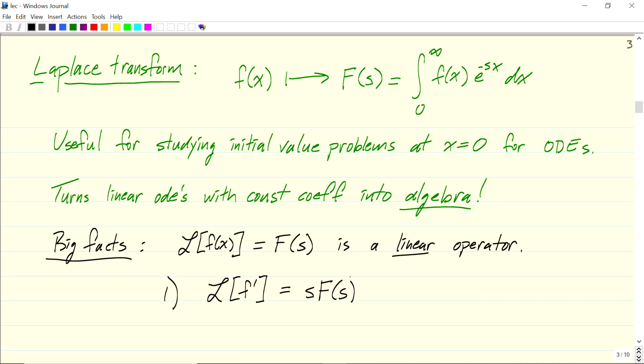And if there's an f prime there, it's irresistible to do integration by parts. You do integration by parts, think about it a little bit, and you realize, aha, it multiplies my capital F by s. And actually, there's a pain in the neck here. Well, it's actually a good thing, because this is going to have to do with initial value problems. Minus f of 0 pops out there.